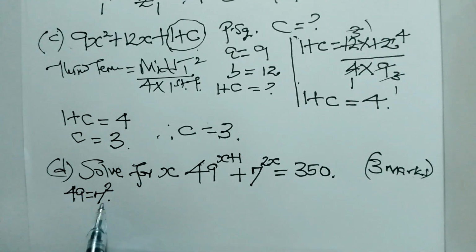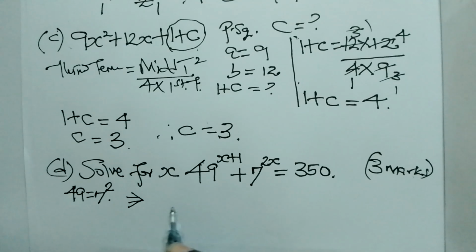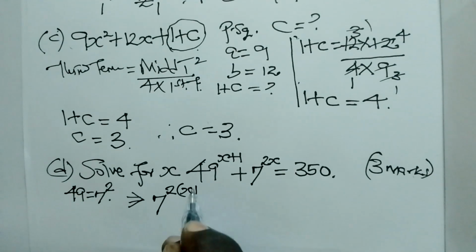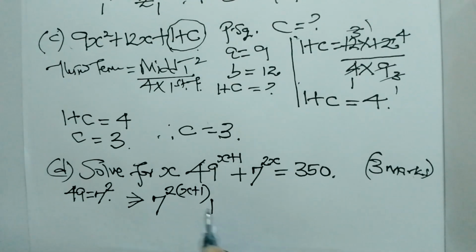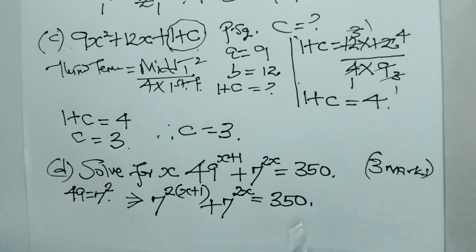When we replace 49 with 7 squared, our new equation will be written as 7 squared into brackets, raised to power x plus 1, plus 7 raised to power 2x is equal to 350.